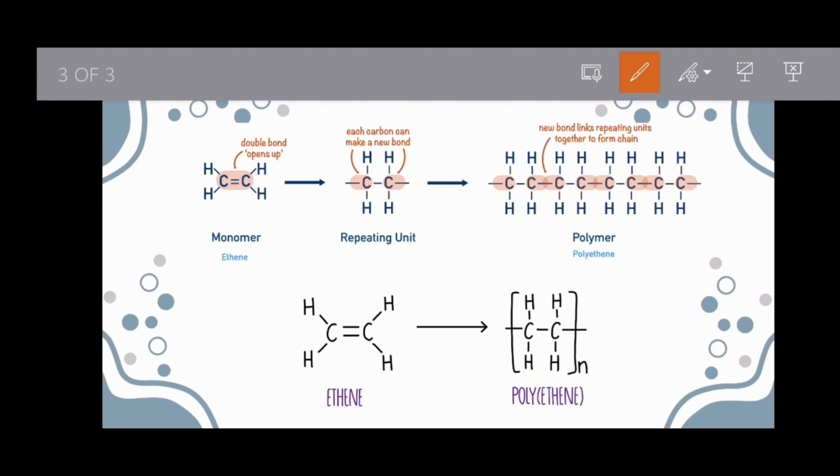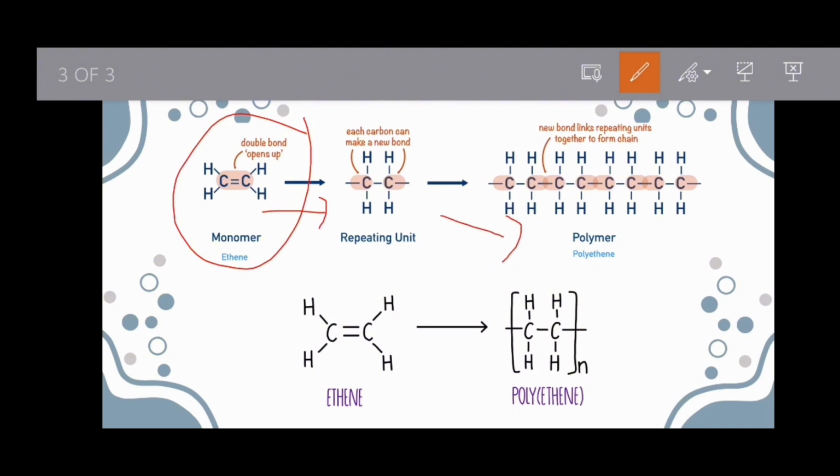For example, we have here ethene, or the C2H4 molecule. This one. First, the double bond opens up or breaks. Then each carbon can make a new bond.